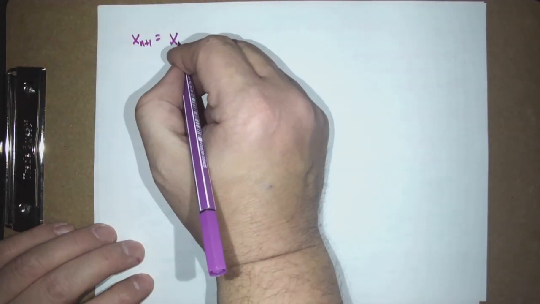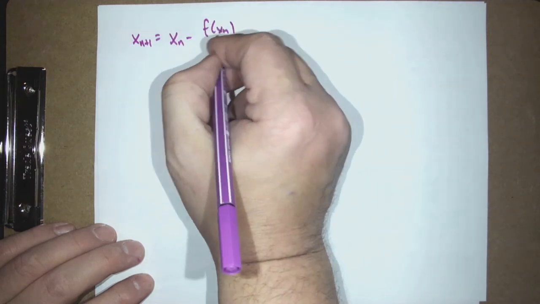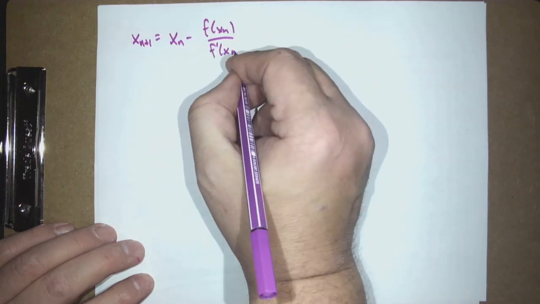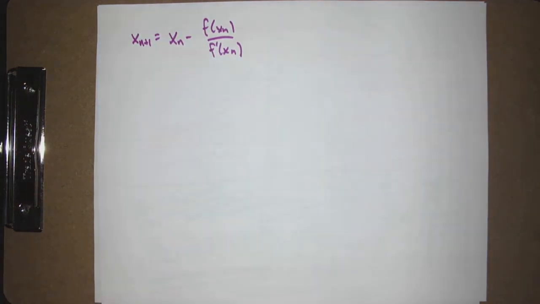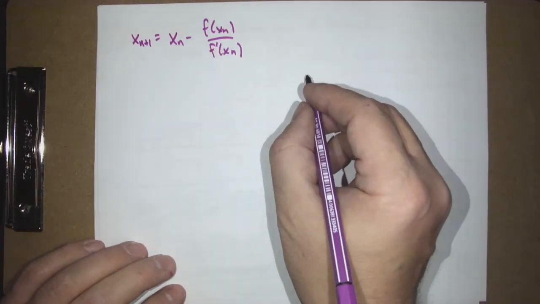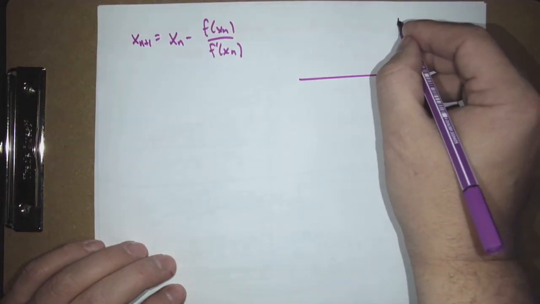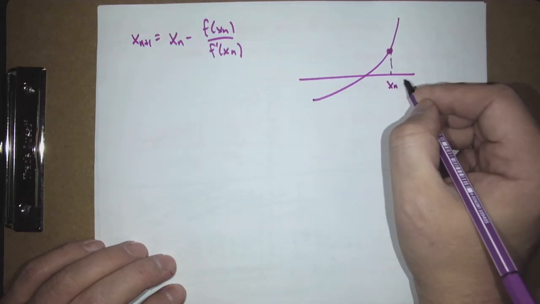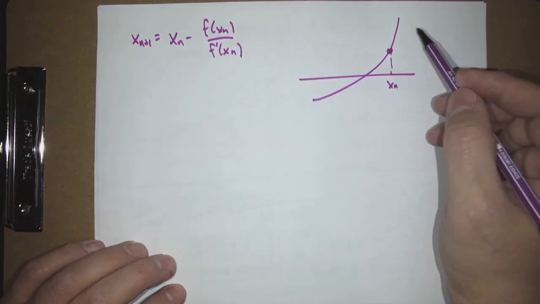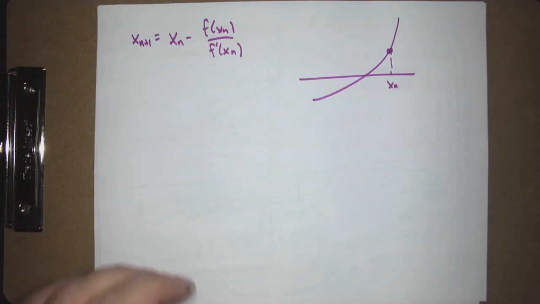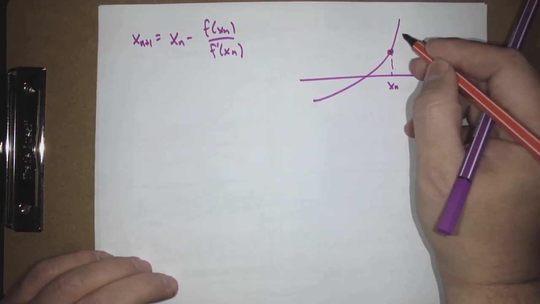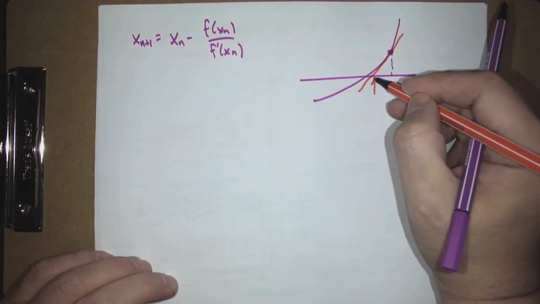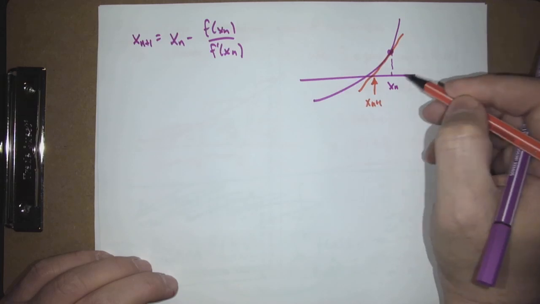So this is your formula for Newton's method. Now, when in doubt, you can always rederive it very quickly. Just think about the situation. You have a curve. You say, here's a guess. I want a better guess. How do you find a better guess? Follow the tangent line. That's your better guess.